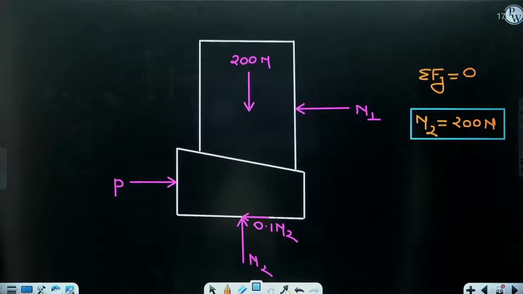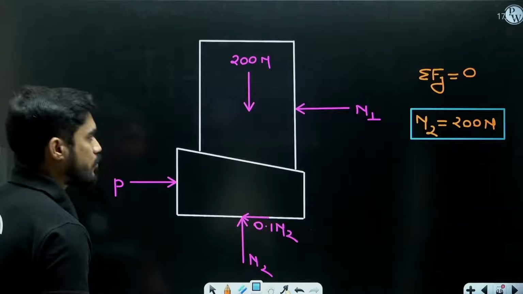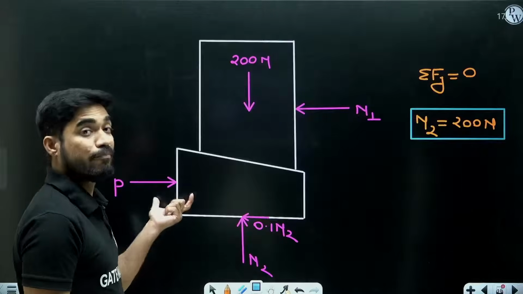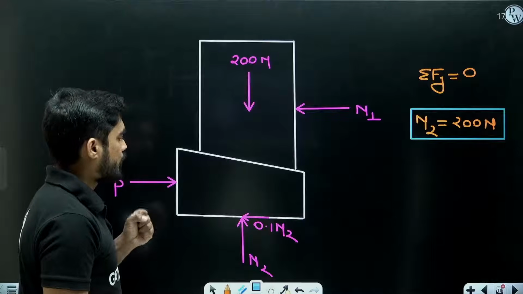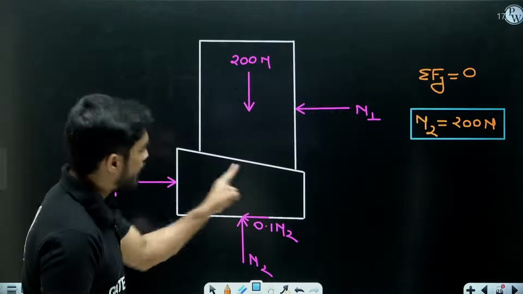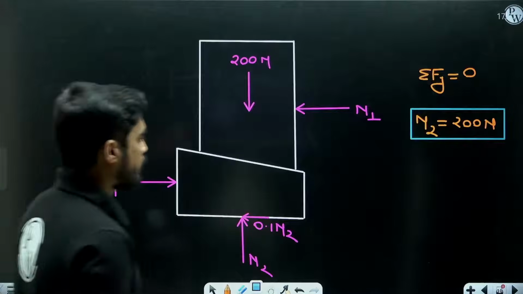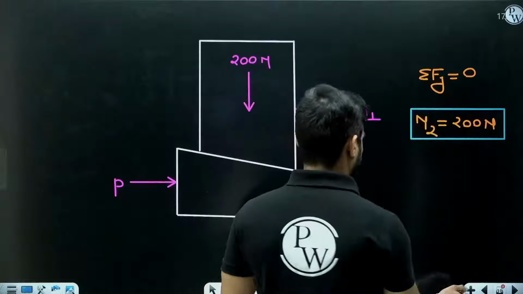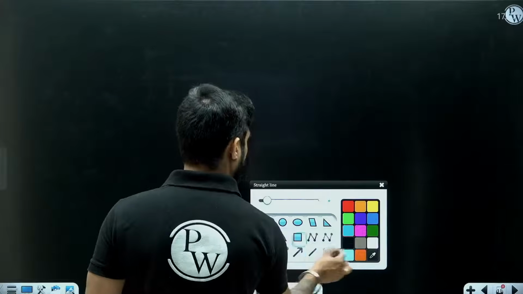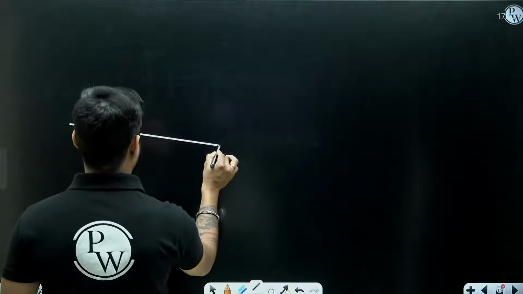Now I need to find the value of P. Summation of Fx equals to 0 is not going to give me value of P. So what I need to do? I need to draw the free body diagram of this wedge separately. Okay. Just like in the last problem, we will draw the FBD of the wedge separately.